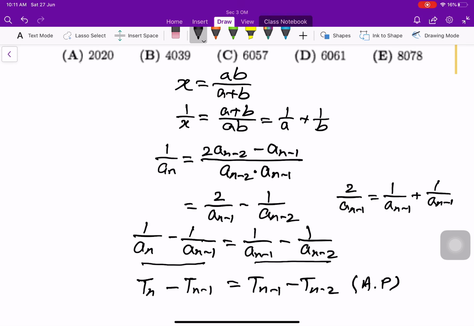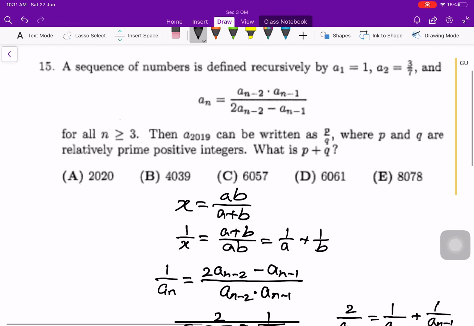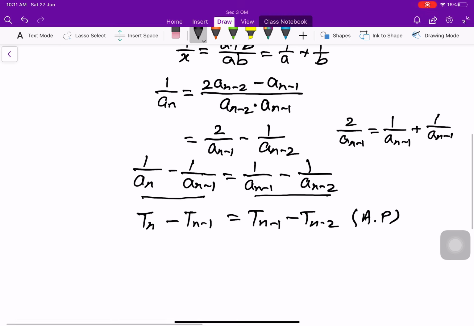And it is given to us that A1 is 1. That means in this case, can you see that my T1 is 1 over A1, which is 1 over 1, and that is just equal to 1, right?